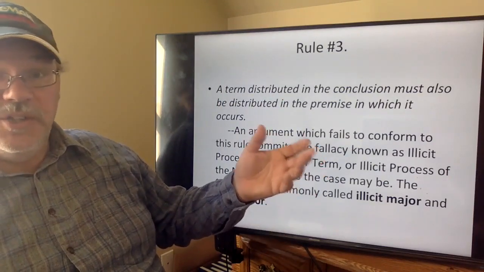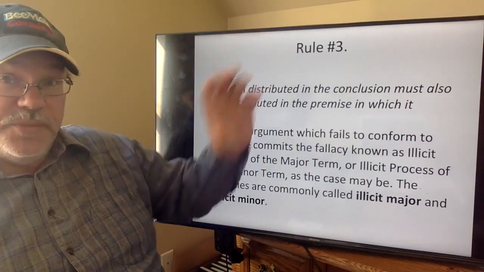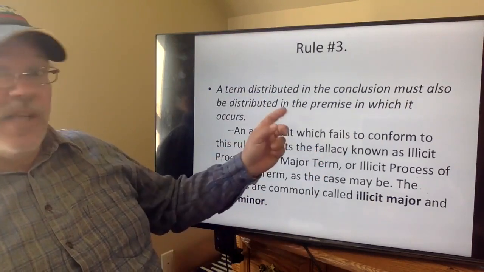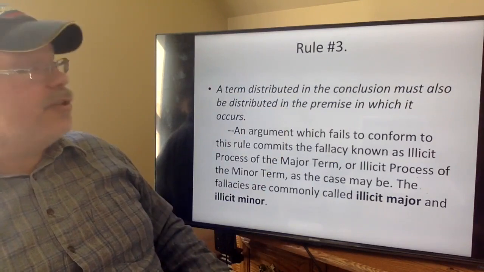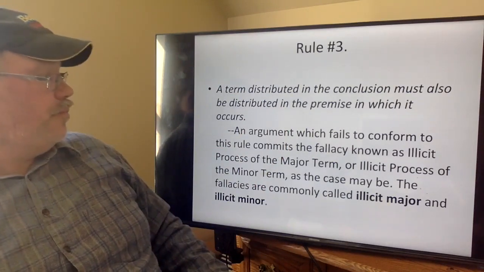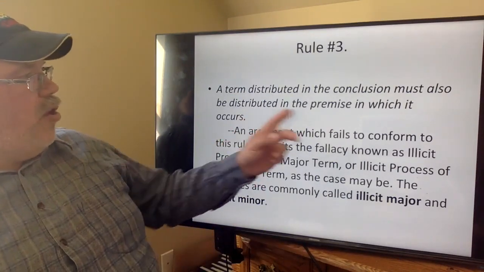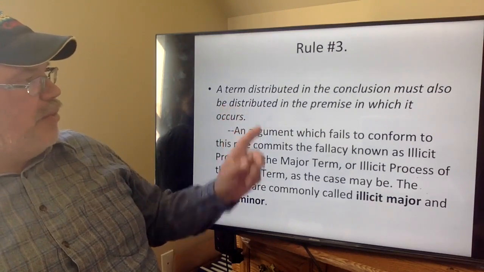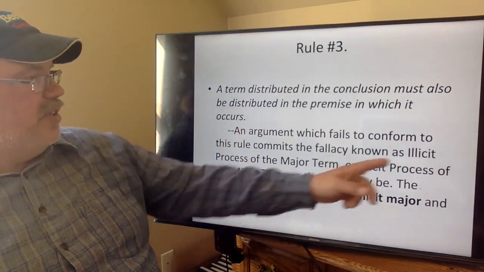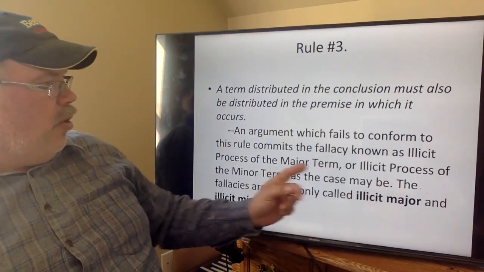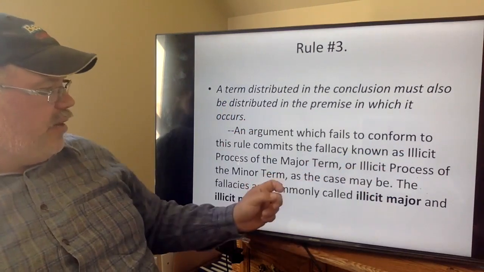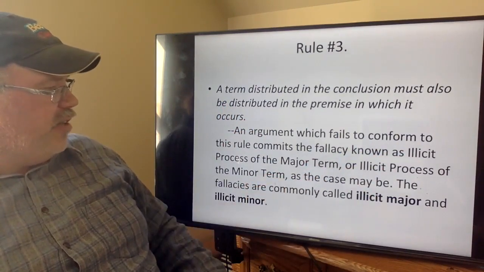Sounds a lot like a hasty generalization, right? To go from some to all. That's exactly what we are trying to cover off here. And depending on which term is not properly distributed, we either talk about the illicit major or the illicit minor. Illicit minor is not sneaking your underage friend into the bar.